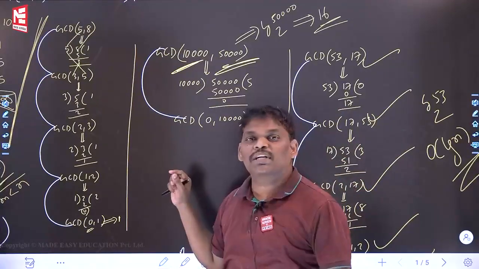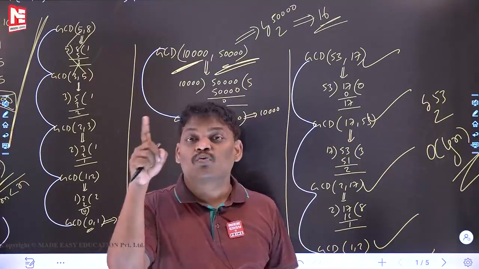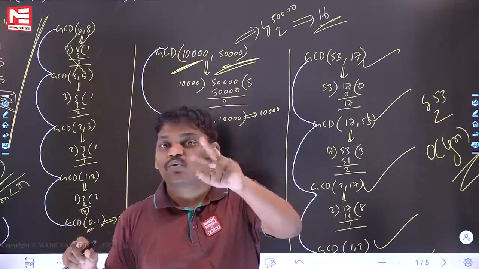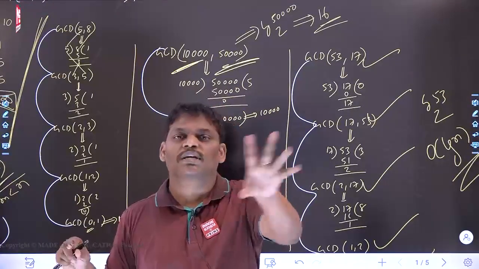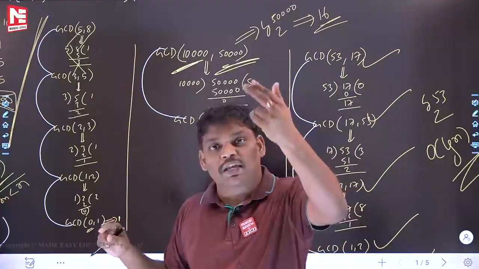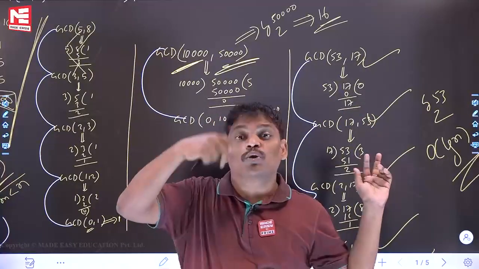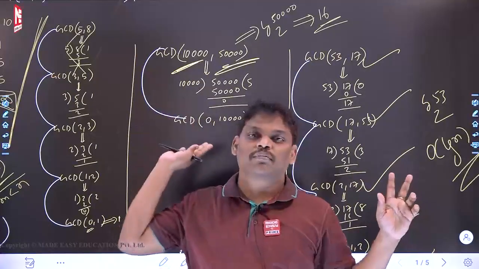Now, an interesting answer. When will the GCD give worst case? If the given two numbers are consecutive Fibonacci numbers, then GCD will give maximum time.